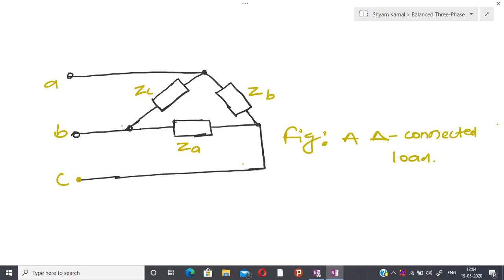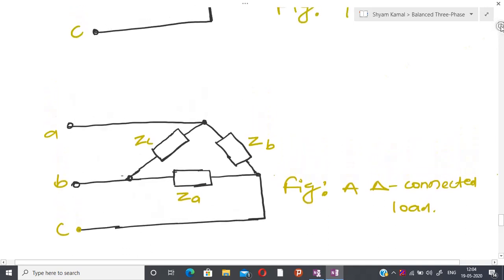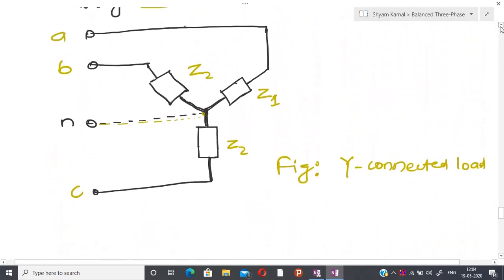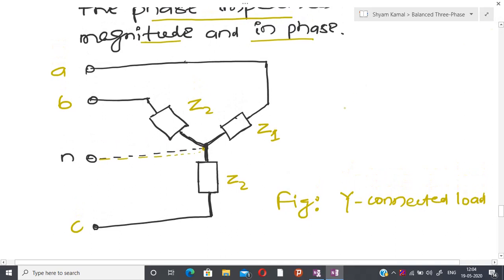Here you can see in this configuration, things become more clear. In case of Y connection, I have voltage with respect to the neutral line, and whatever voltage I am seeing, I have defined as a phase voltage. Similarly, if you see this terminal from A to N, then I have Z1, and this is called the phase impedance.